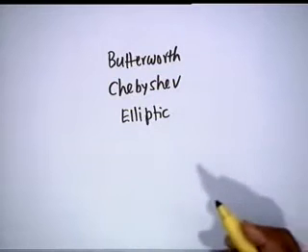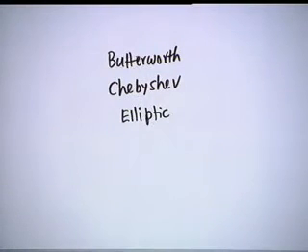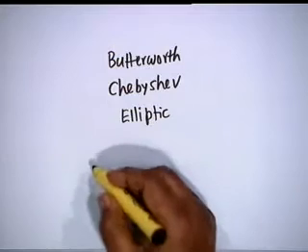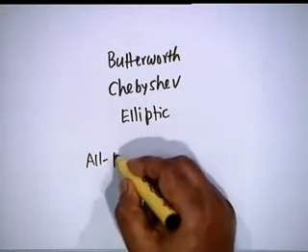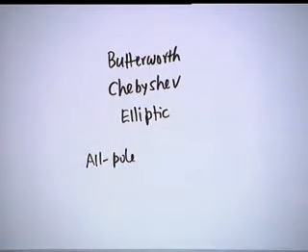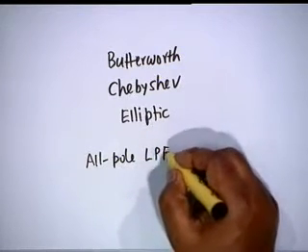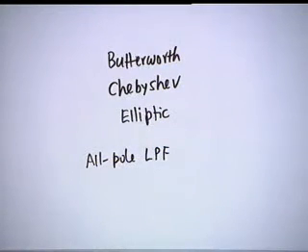In LPF filter, we also concentrate on only one kind of filter, the so-called all pole filters, all pole LPF. That means the filter only has poles in the finite region of the S plane. Now, there cannot be a filter without zeros. The number of zeros and number of poles should be the same for any transfer function.